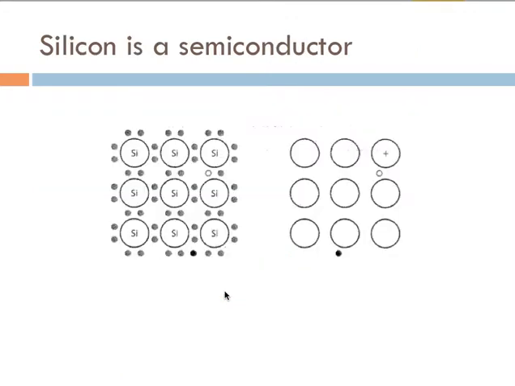So, silicon is a semiconductor. The idea behind silicon being a semiconductor is when it absorbs heat, so electromagnetic radiation comes in, hits an electron, allows it to jump out of that covalent bond and travel. This causes a localized positive charge with a hole.